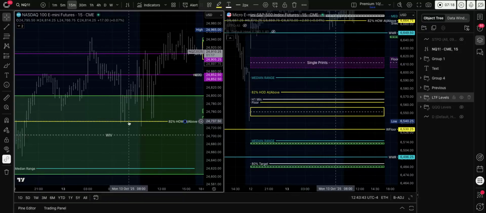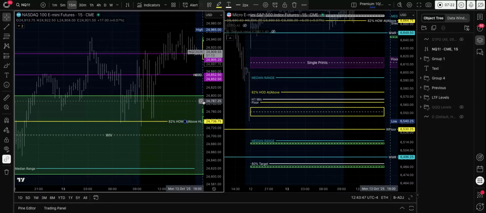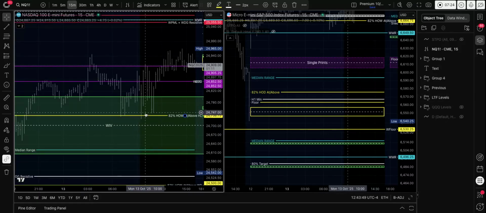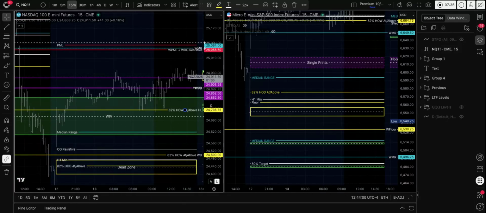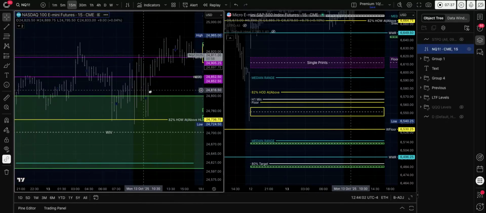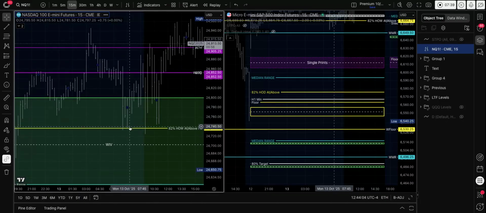I would have set my limit with my stop below the midpoint. So I'm looking for a nearby key level. And you might say, well, that's a 33, 34 point stop. Well, yes, volatility is extremely high. I'm going to protect myself by sizing down and widening my stop.